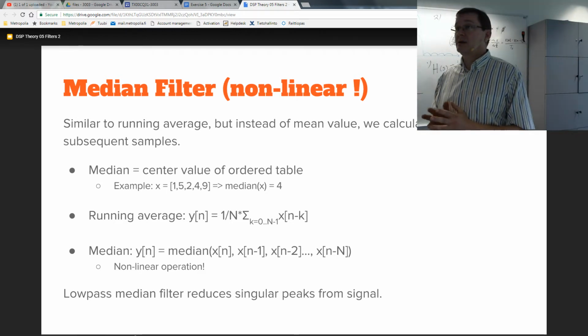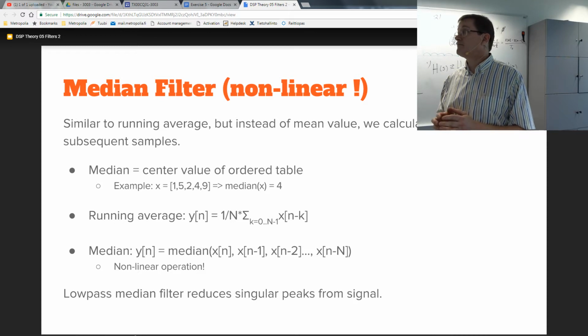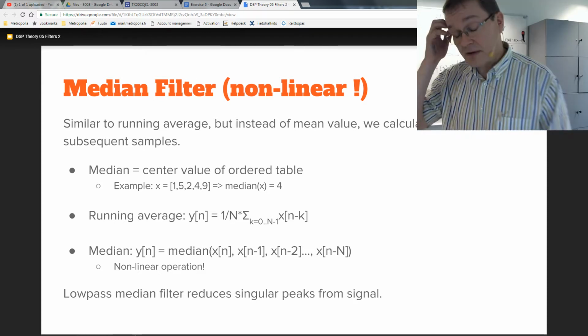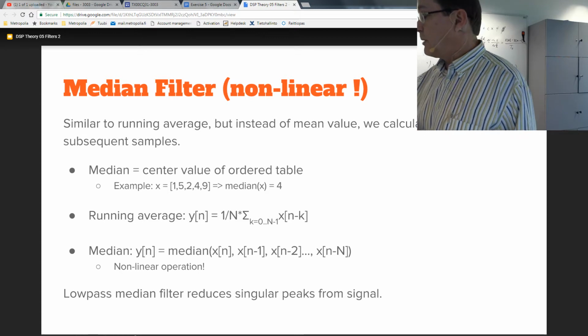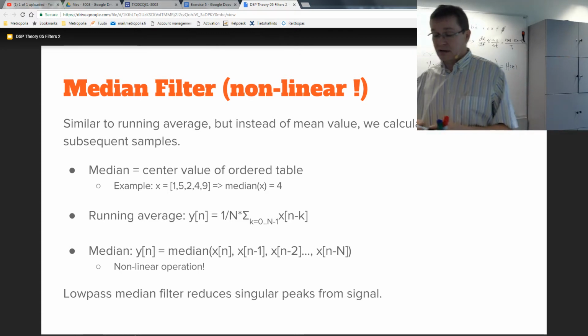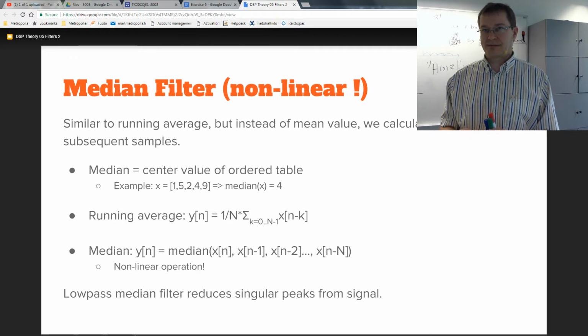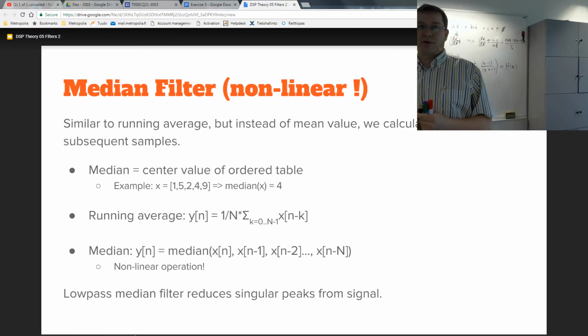Instead of calculating the average, for example, or something like a running average or weighted average, like in FIR, you basically calculate the median. So that's the center value of the sample.